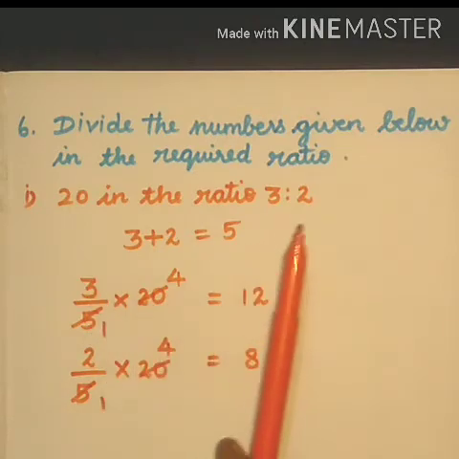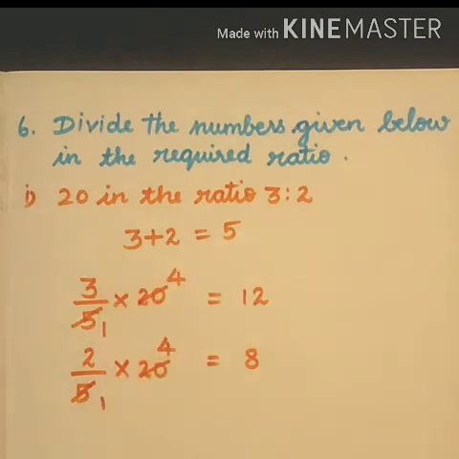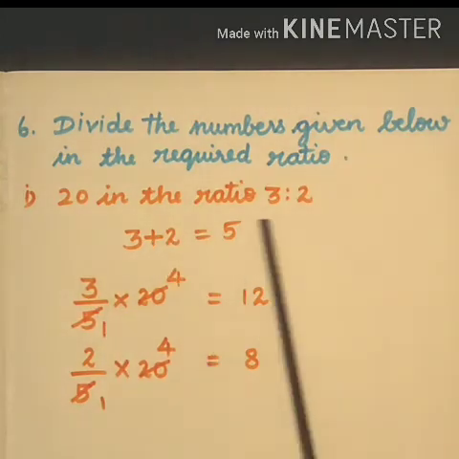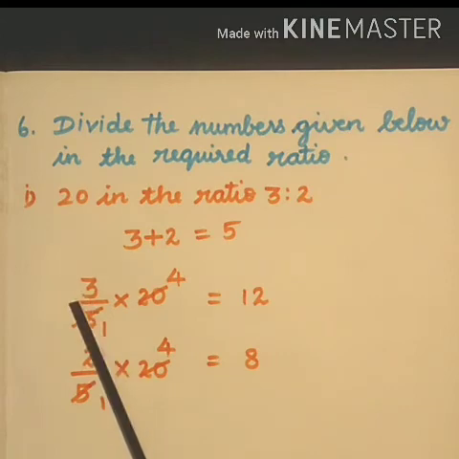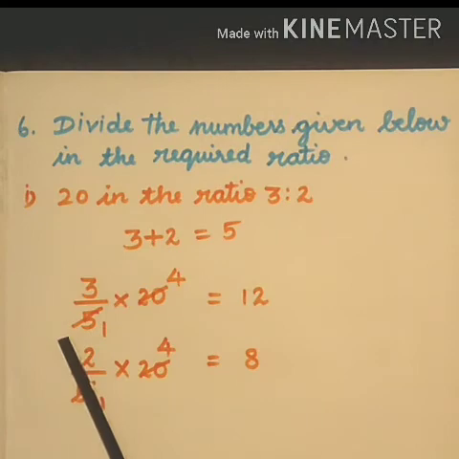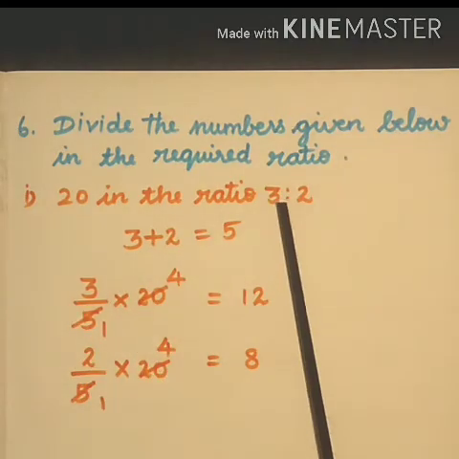See, first you have to find the total parts. 3 plus 2, that is 5 parts. Then you have to write 3 in the place of numerator. First you have to find for 3 parts. So 3 in the place of numerator divided by 5, that is total parts. In numerator you have to write the given ratio.